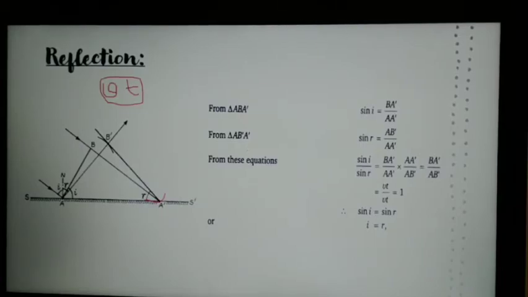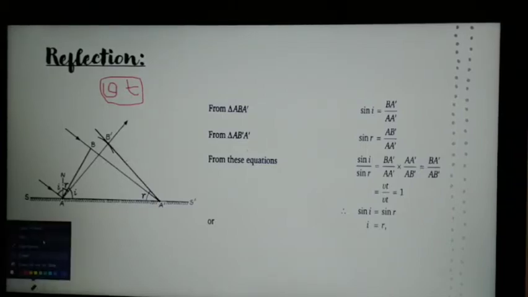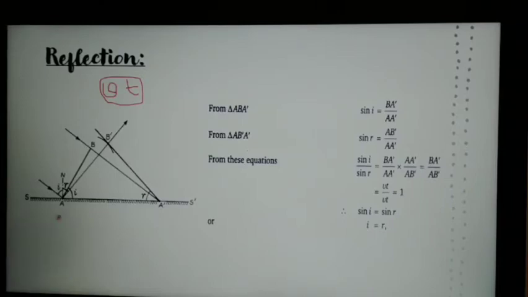I already told you, Huygens already told you, a tangent drawn to the secondary wavelets can provide you the secondary wavefront. So this is a tangent drawn between those two wavelets. This is one wavelet and this is another wavelet. So between those two wavelets, you have made a tangent. So that is A dash B dash.